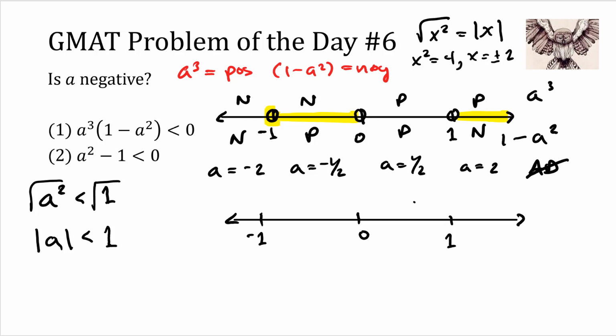So we're here, between these two guys. There we go. That's a for number 2. Clearly you've got both possibilities: here a is less than 0 and here a is greater than 0. So we don't know if a is negative. So B is out.